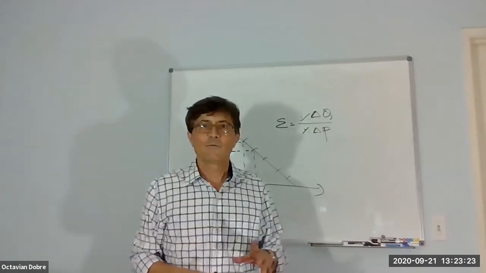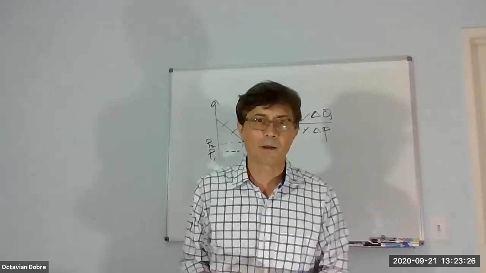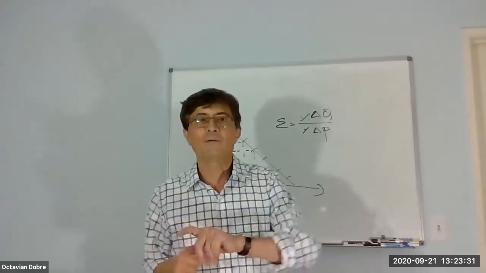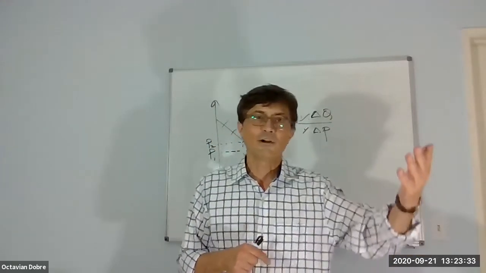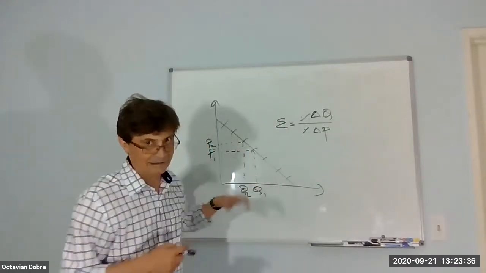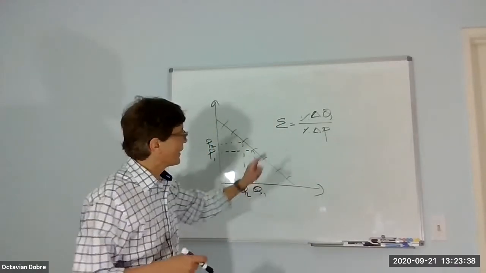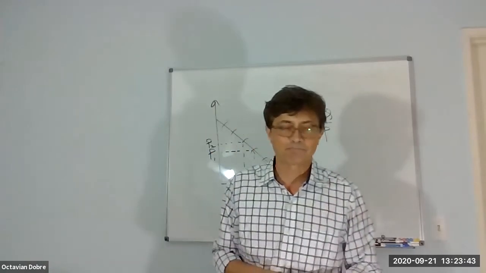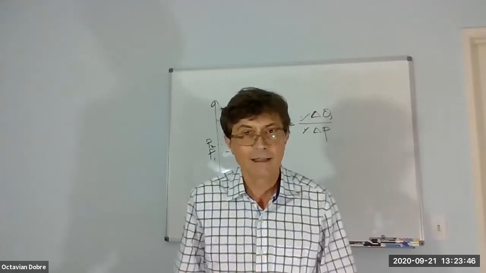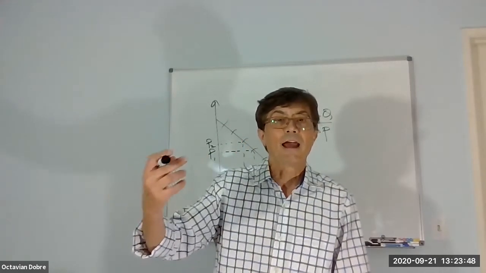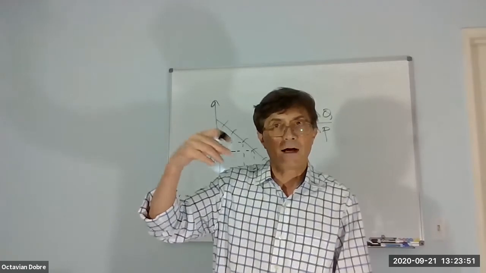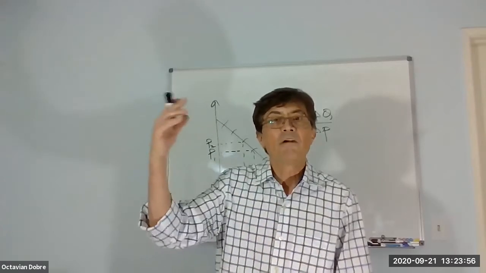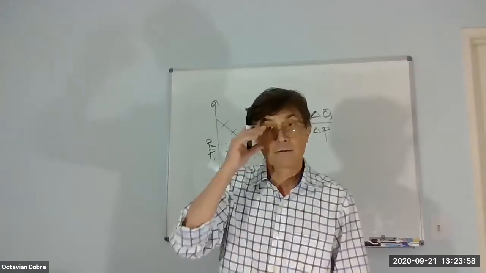Now, we run into a little bit more of a problem. If you calculate the elasticity going in one direction, you're going to get one value. Going in the opposite direction, you're going to get a different value. Because when I calculate the percentage change, let me give you an example. Let's say that you go to a store and you see a shirt that is marked down from $50 to $40.